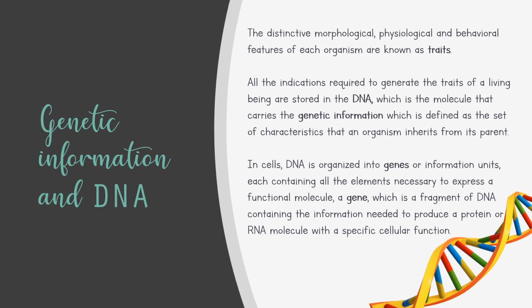But in lions, we can see that they have a society, a family, and they stay in groups. So this is a behavior, and this behavior is inherited and is a trait that is contained in the genetic information.